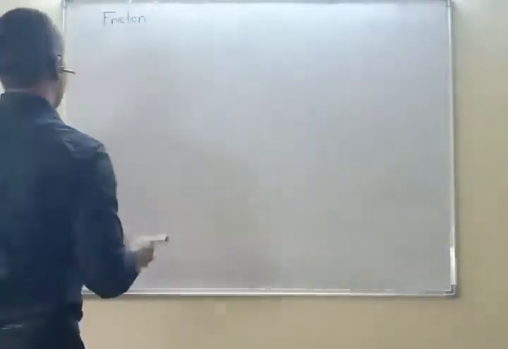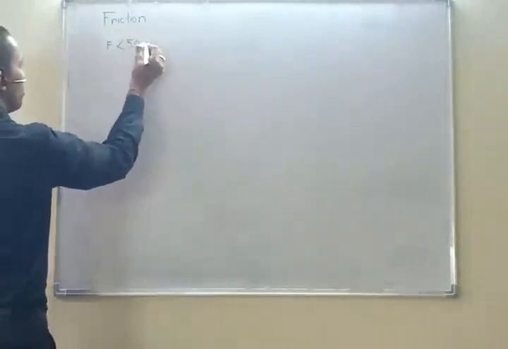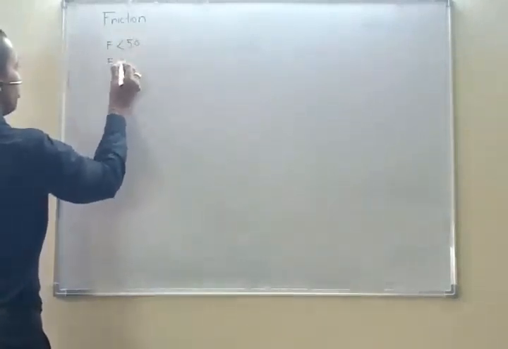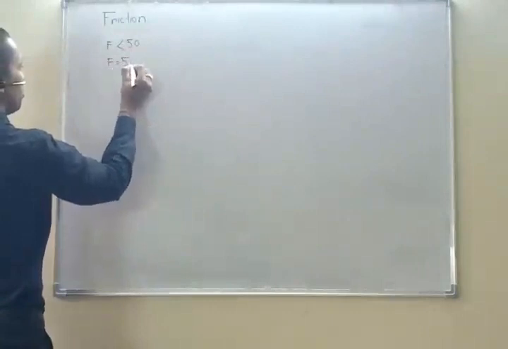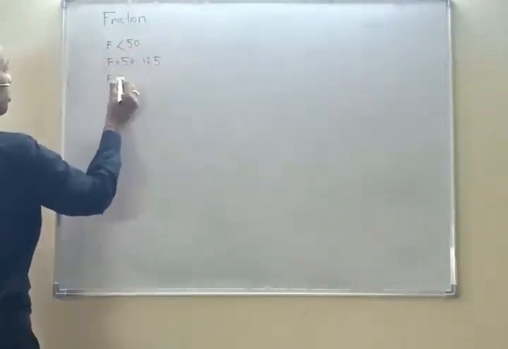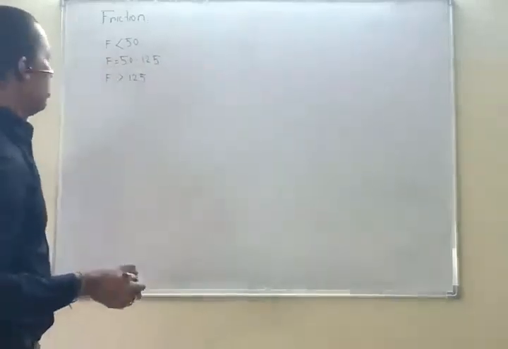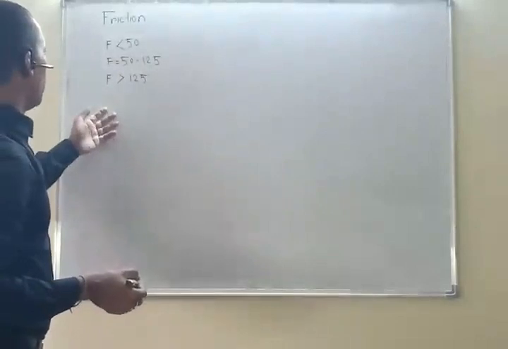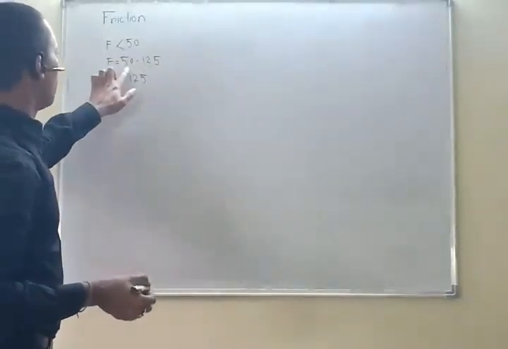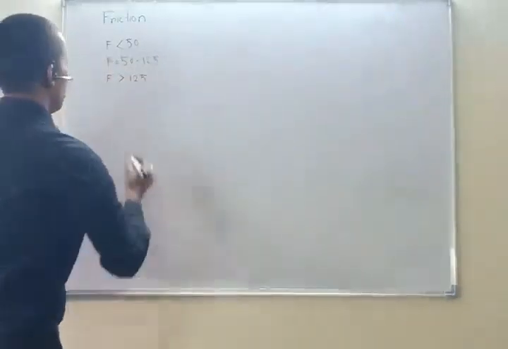For F less than 50, it was not moving. For F in between 50 to 125, they were moving together. For F greater than 125, they were moving separately. So what will happen if this F is in between 50 and 125?